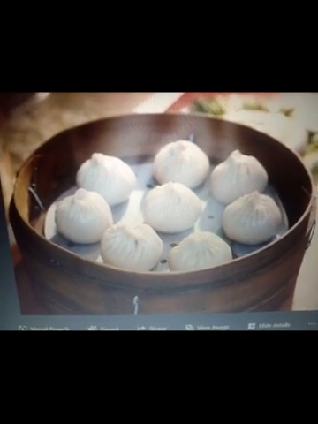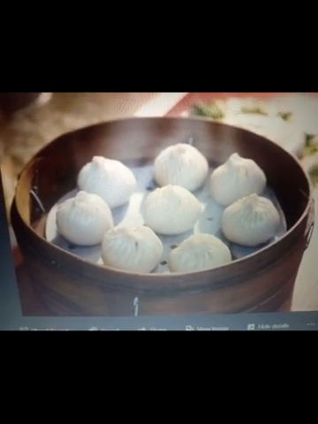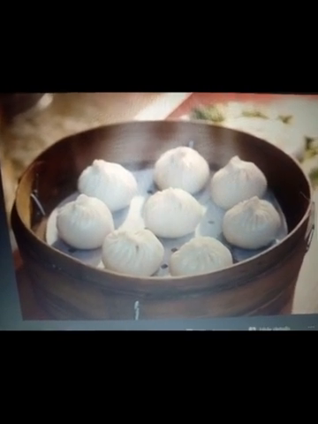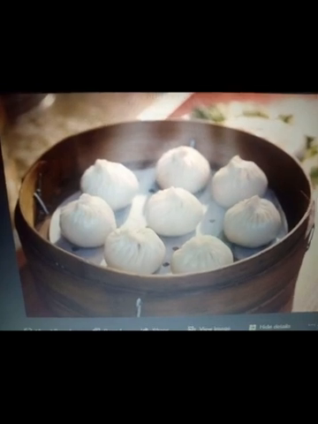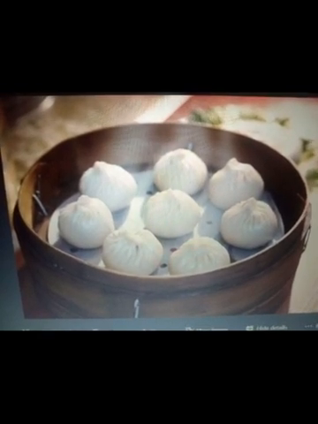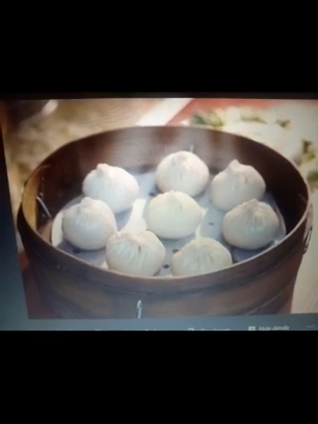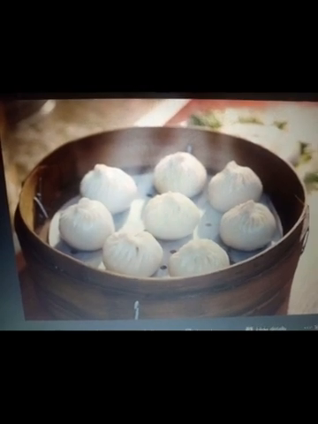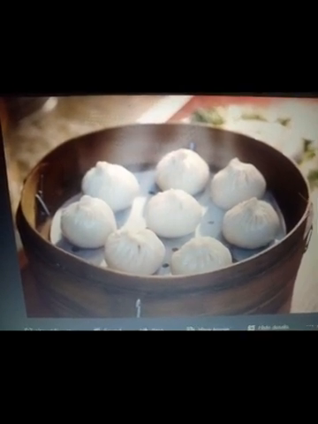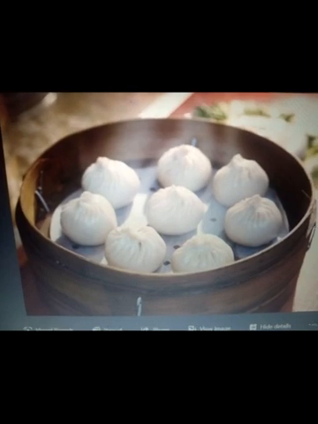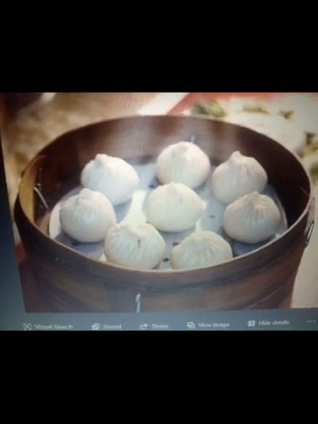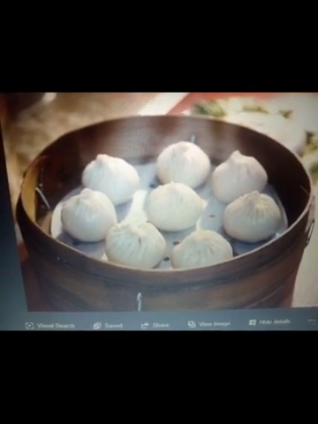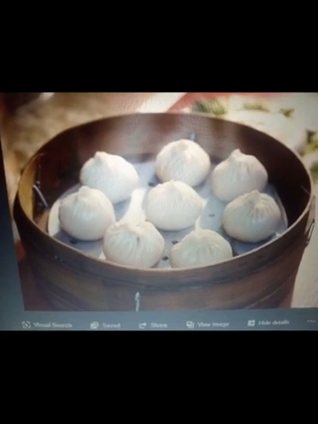But in steaming, what happens? Steaming is healthier because nutrients are not lost in this process. Most of the nutrients are present.